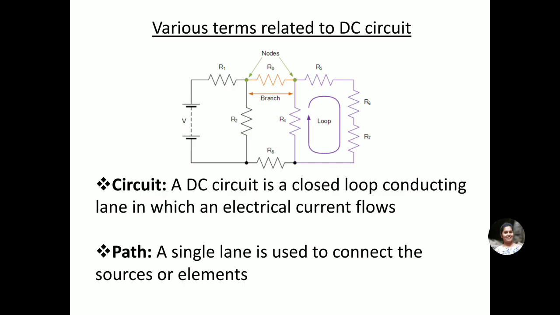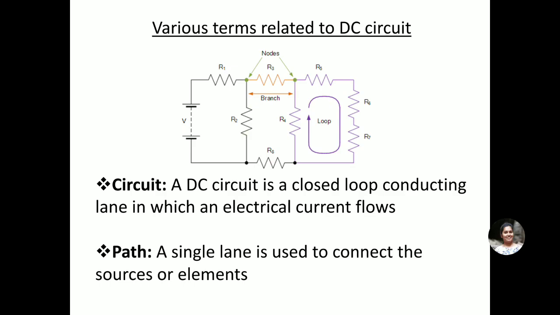So simply we can remember that node is nothing but a junction. It is a joining point of some number of components or branches connected to one point. Next, coming to the branch: it is a single or group of components such as resistors or sources which are connected between two nodes.